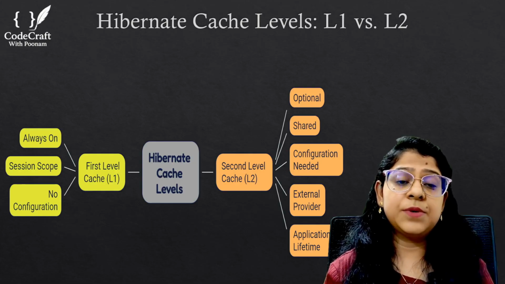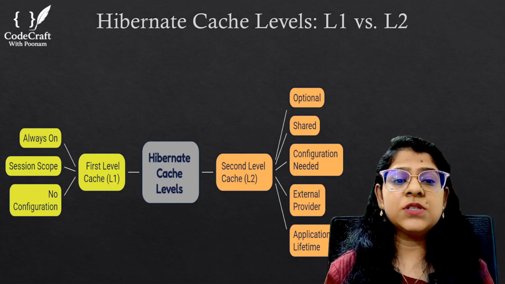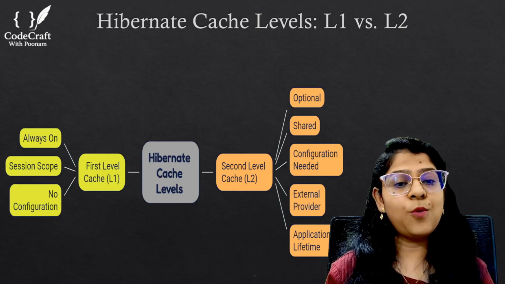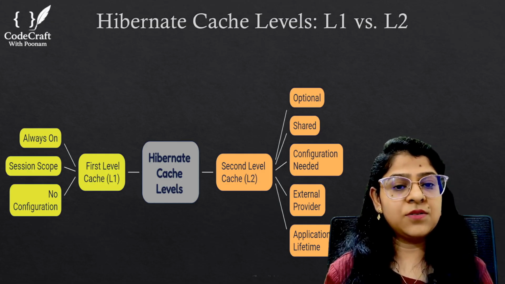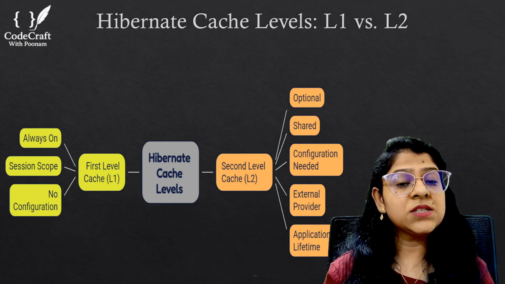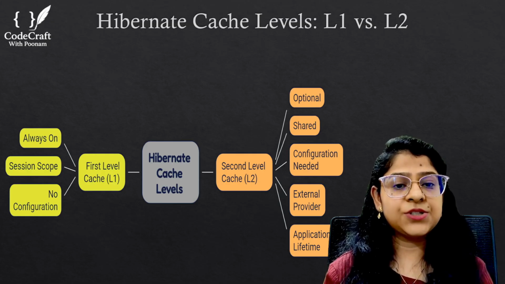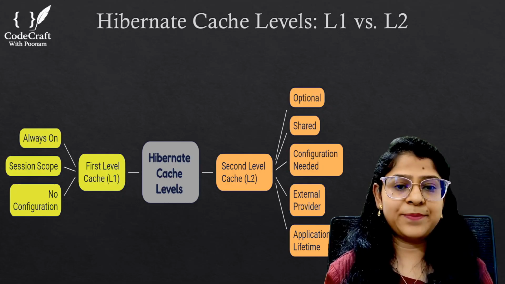The second level cache is optional and shared, because it is shared across all the sessions in the application. It survives session close and open, and it must be explicitly enabled and configured. It needs an external cache provider, and the scope is the entire application lifetime.